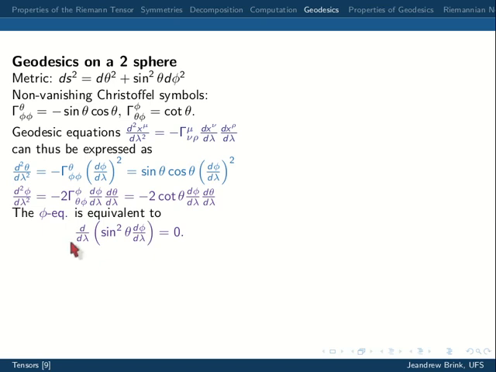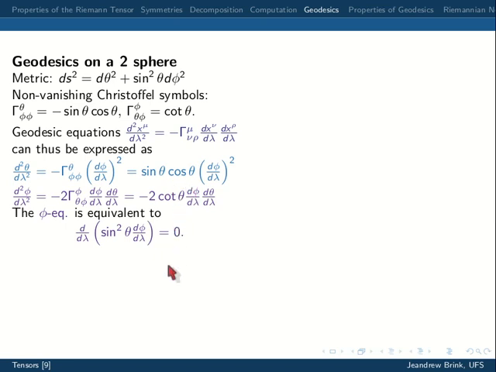And one clever thing you can do is multiply it with, they call it an integrating factor. What I would say, suppose I multiply this thing with some factor. Okay, say f of lambda or f of theta and phi. Can I do it so that the whole thing is a differential?